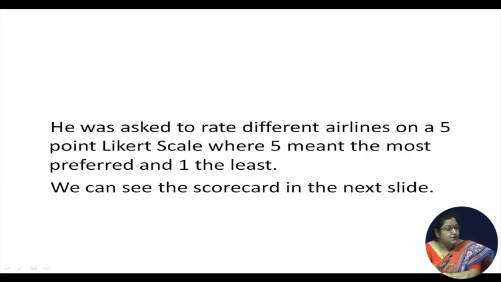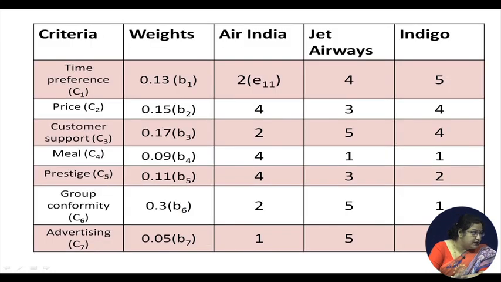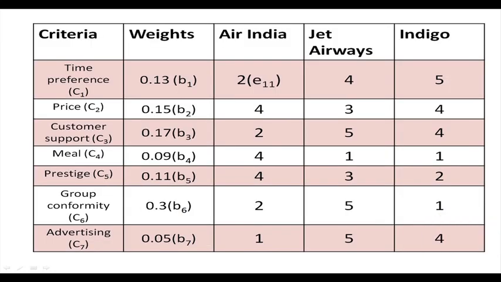He was asked to rate different airlines on a 5-point Likert scale, where 5 meant the most preferred and 1 the least. We can see the scorecard which we have obtained. Look at this table now. For time preference the weight is 0.13, marked as B1.